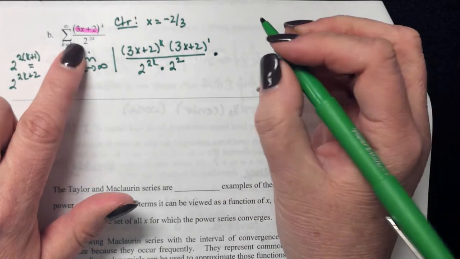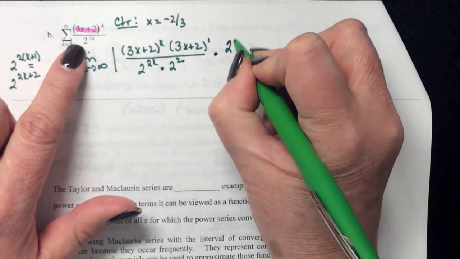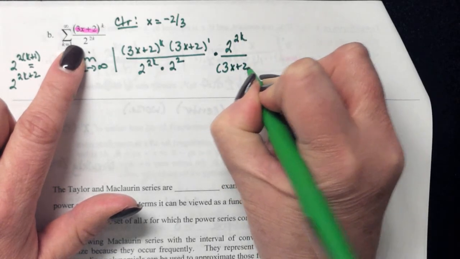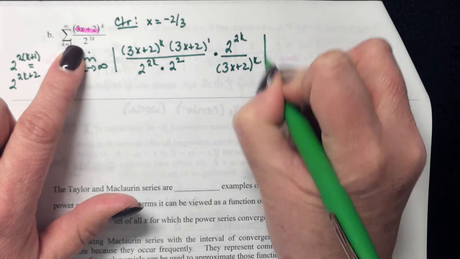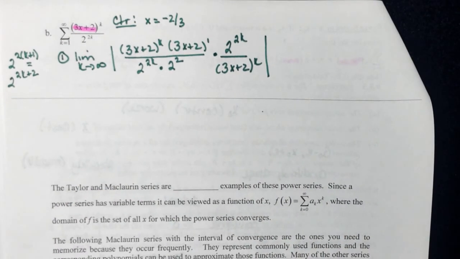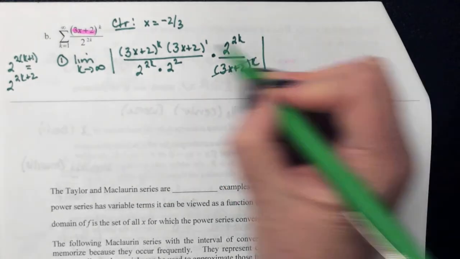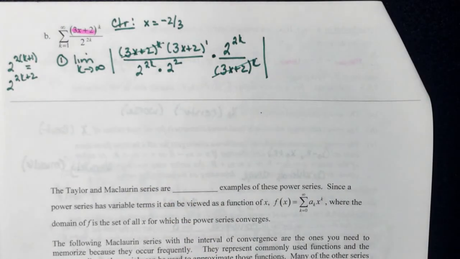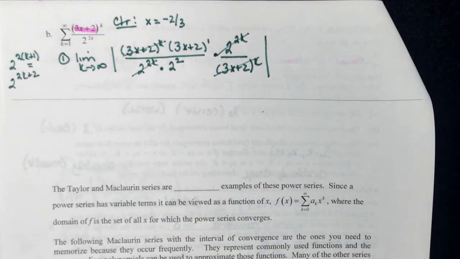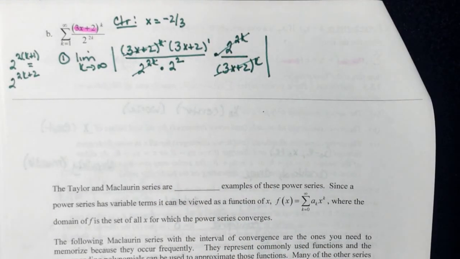Divide by u sub k, or multiply by the reciprocal. That's going to give me 2 raised to the 2k all over 3x plus 2 raised to the k. So I can cross cancel this 3x plus 2 to the k. I can cross cancel this 2 raised to the 2k. Remember, I'm only concerning myself with the limit as k approaches infinity.